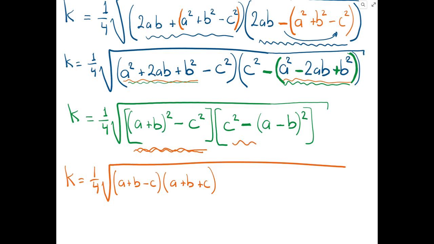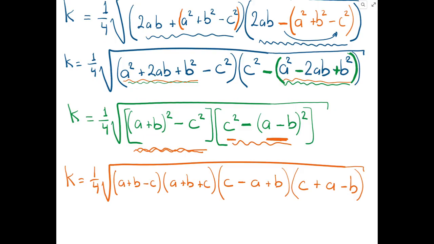And now I'm going to do the same with that. That's a difference of perfect squares, right? Something squared minus something squared. So we're going to factor that as c minus a plus b and c plus a minus b.